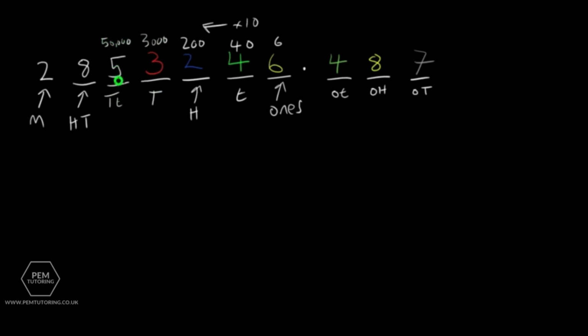The 8 there is 8 100,000s, so that is 800,000. The 2 there is for the millions, so we have 2 million. That is the value for the 2 there, because it's in the millions place.